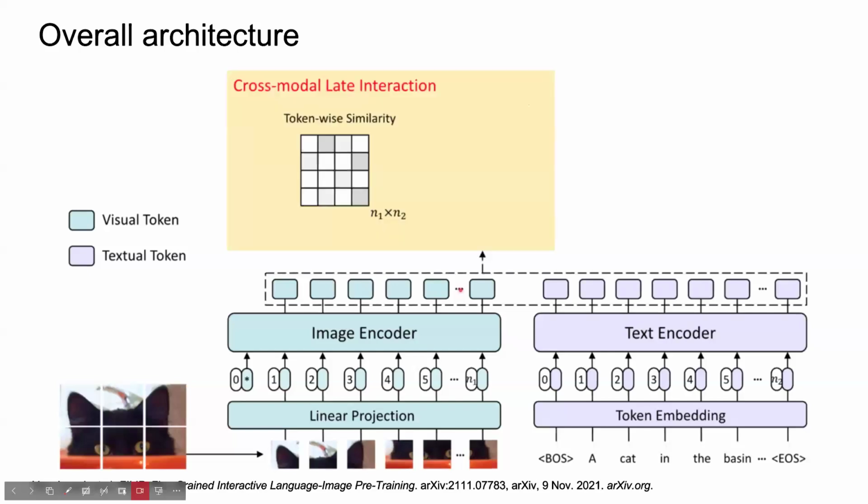After this step, they use an algorithm called cross-modal late interaction, which basically computes a token-wise similarity matrix between each of the image and text tokens.